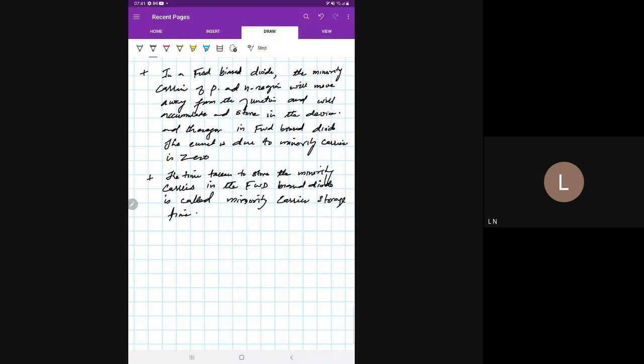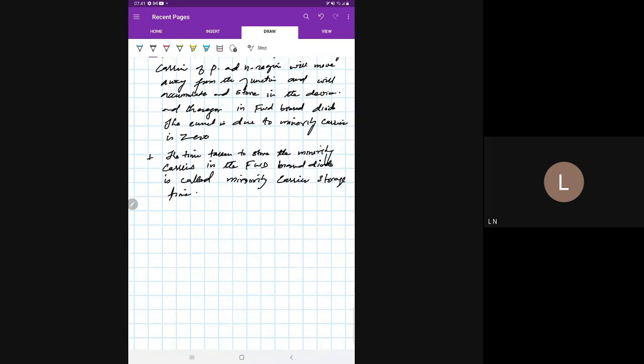The forward current in a diode is diffusion current. Forward current is a diffusion current, and it is due to majority carriers only.